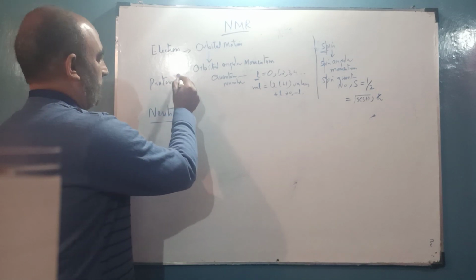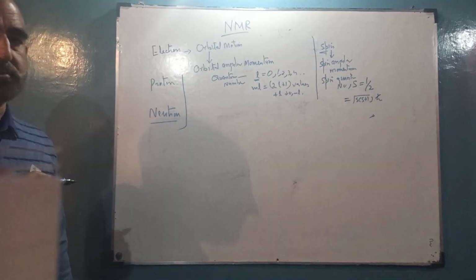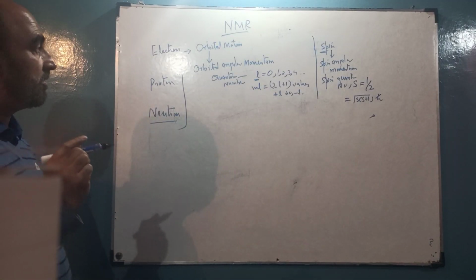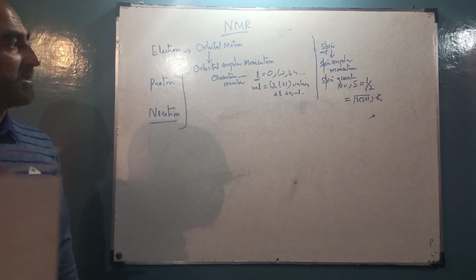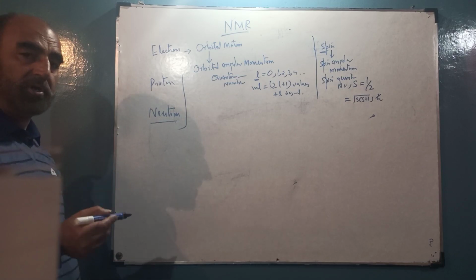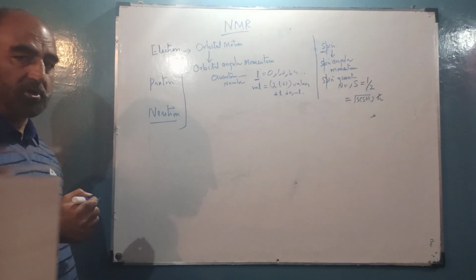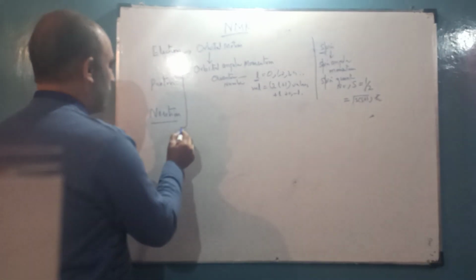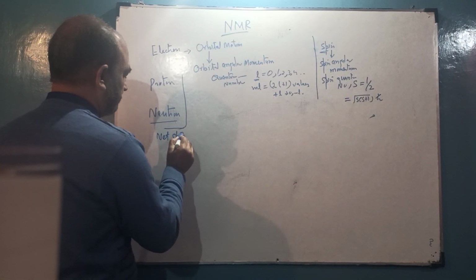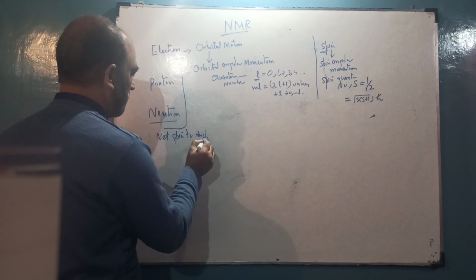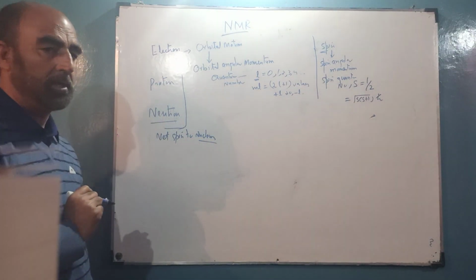Now from the NMR perspective, we are not concerned with the electron. This was just for showing it in a generalized way. More important for us are the proton and neutron. Actually the proton and neutron can give a net spin to the nucleus.